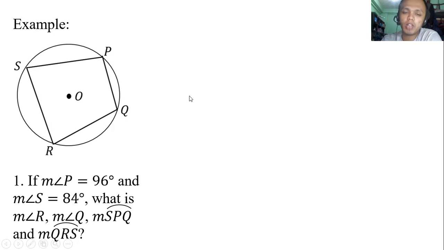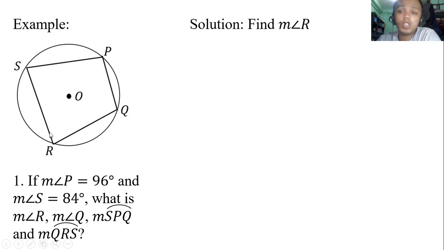Isa-isahin natin. Unahin natin si measure of angle R. Measure of angle R, ito yon. Ano yung opposite angle niya? That is P. And according to cyclic quadrilateral theorem, opposite angles are supplementary. Here, measure of angle P plus measure of angle R is equal to 180 degrees.